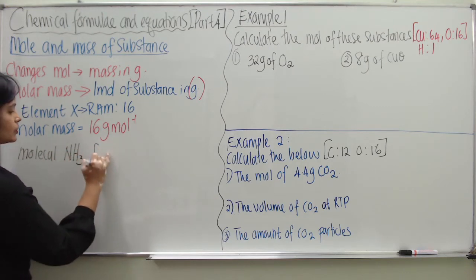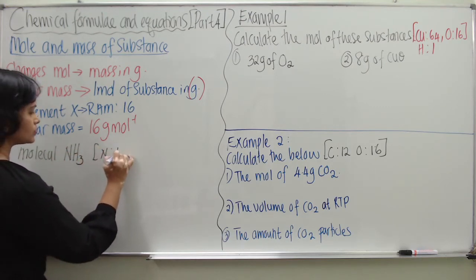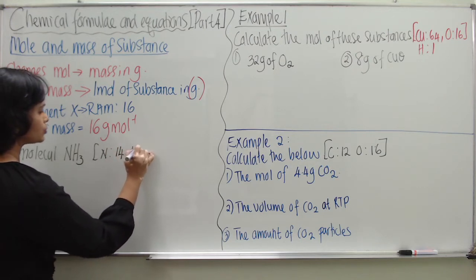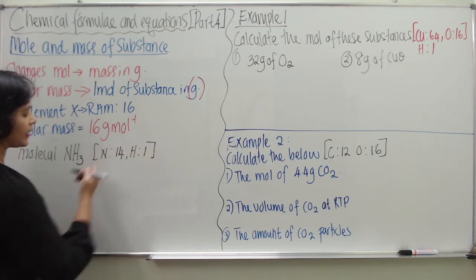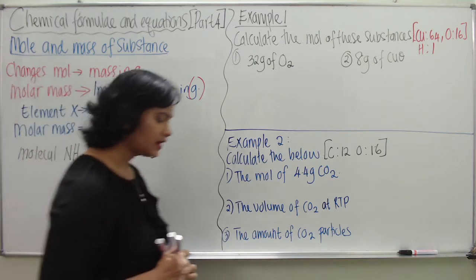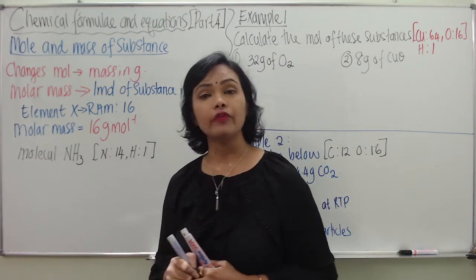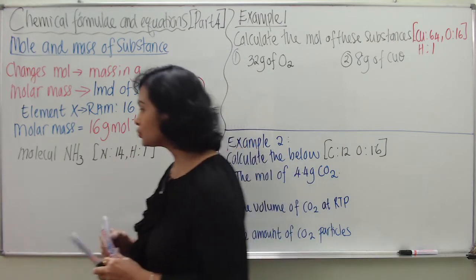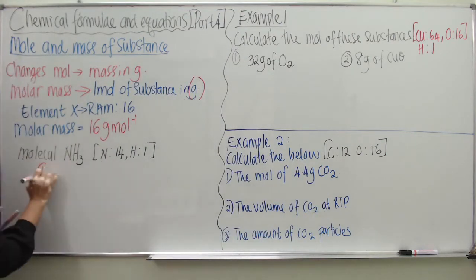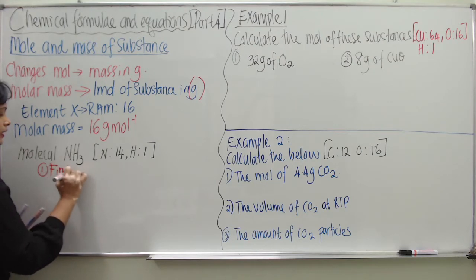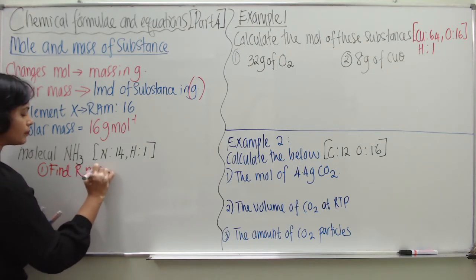NH3, ammonia, where the relative atomic mass for nitrogen is 14 and hydrogen is 1. Now, in order for students to find the molar mass, the first step is to find the relative molecular mass.